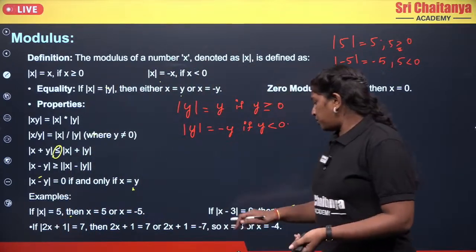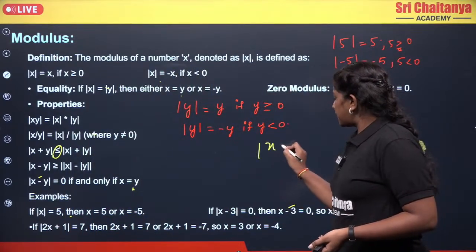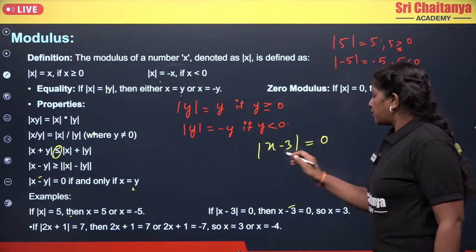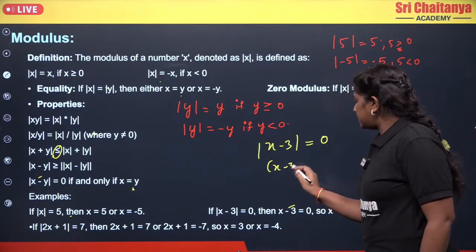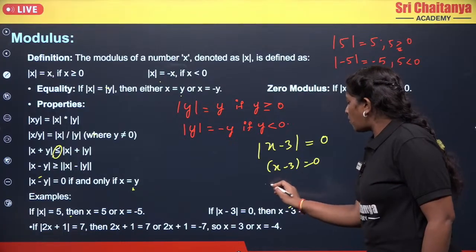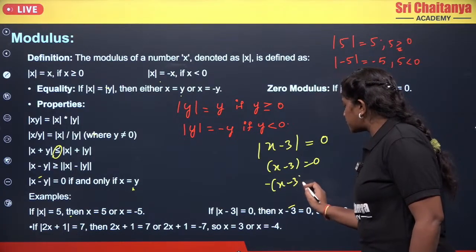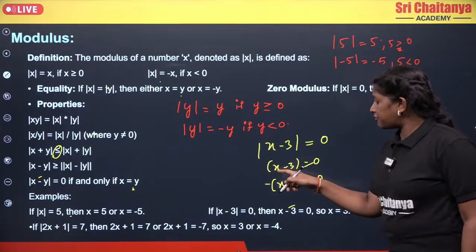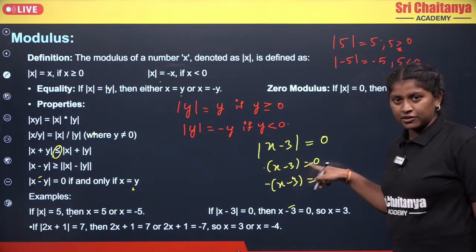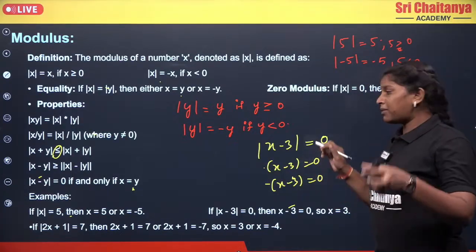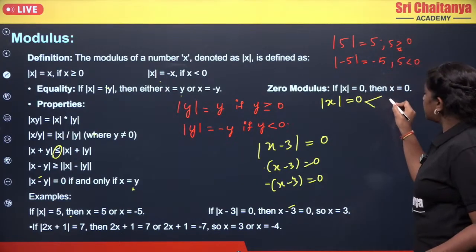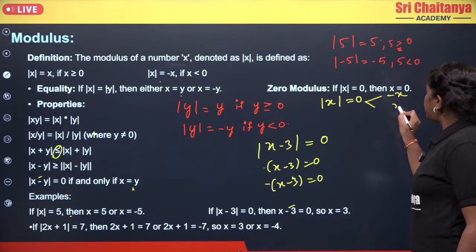Now coming to the modulus of x minus 3 equals 0, you can consider x minus 3 equals 0 or minus of x minus 3 equals 0. If you observe clearly, if I take modulus of x equals 0, there is a possibility that we get minus x or plus x.